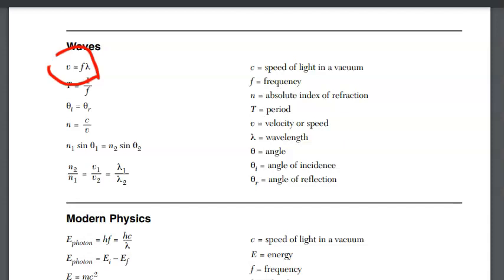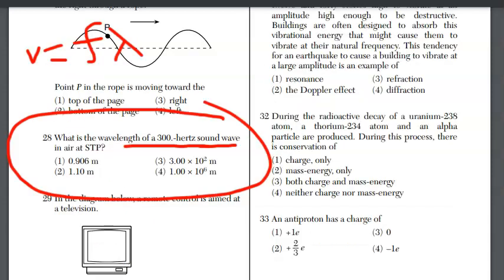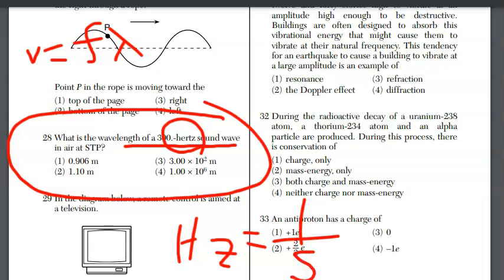That's the one we're going to need for this question. Remember that with frequency, the unit is a hertz. Hertz is equal to 1 over seconds. And my wavelength, of course, is going to be in meters. So meters times 1 over seconds gives you the meters per second.